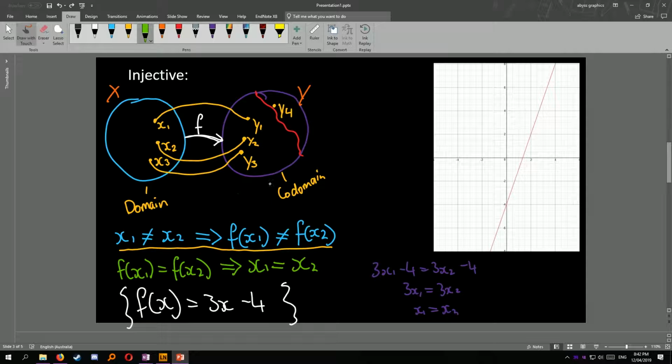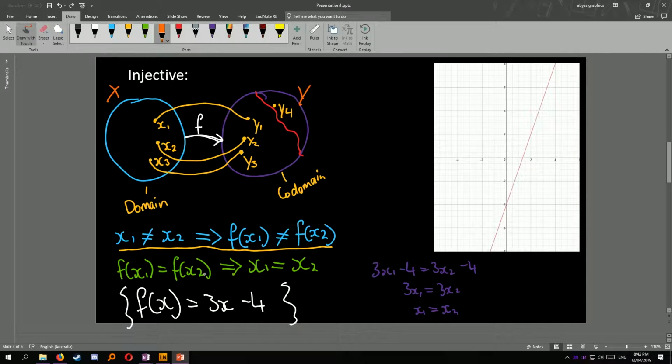So to prove that, we've got an example here. We can have a function that says f of x is equal to 3x minus 4, and to prove that we can say the contrapositive of it, so the opposite of this definition here. So we can say that f of x1 is equal to f of x2, therefore x1 is equal to x2.